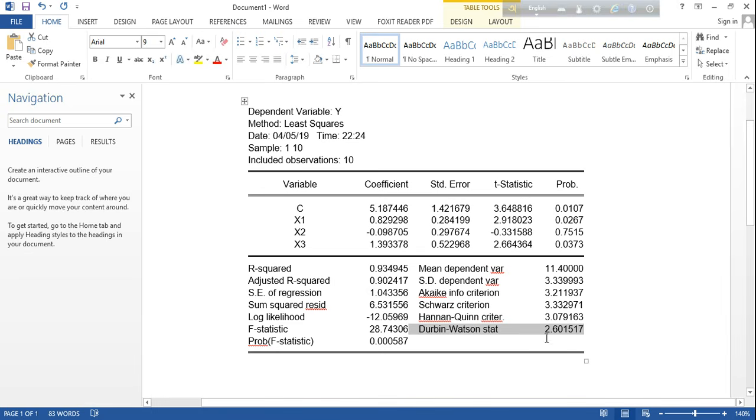But in this model, what we see is the Durbin-Watson stat is showing my dataset has negative autocorrelation because it is greater than 2. So though this model is a good one according to the value of r squared and adjusted r squared, the Durbin-Watson stat is saying the data of this model has an autocorrelation problem.